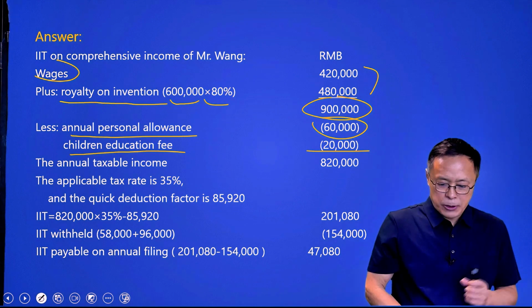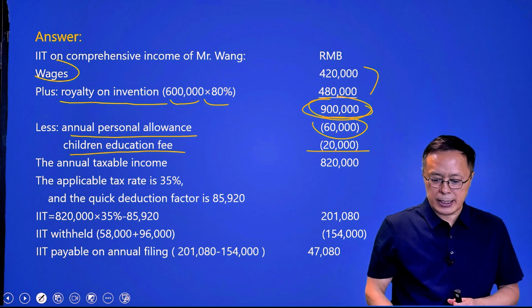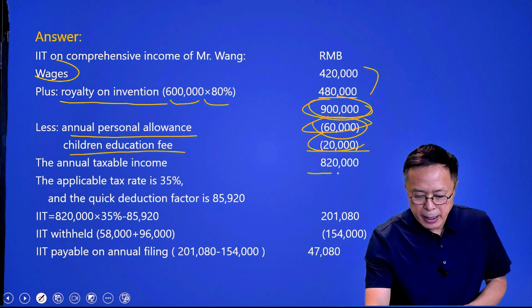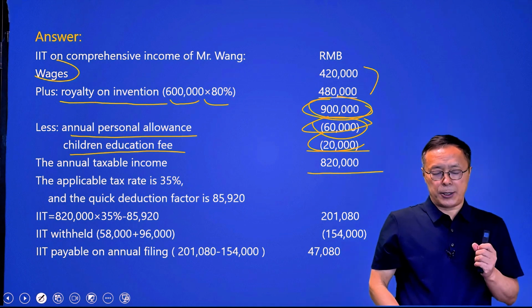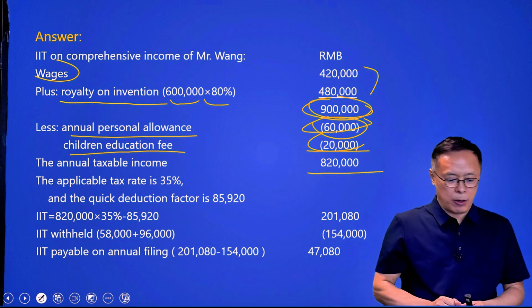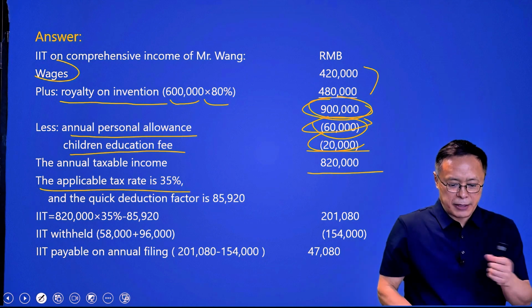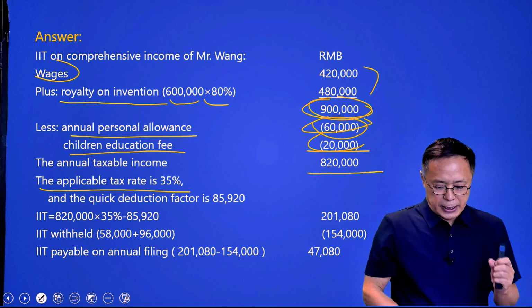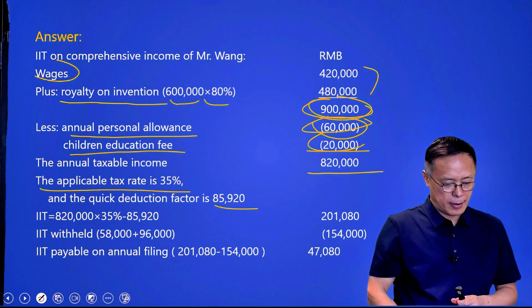So the annual taxable income equals 900,000 minus 60,000 minus 20,000, the value is 820,000. By referencing the tax rate table, we know that the applicable tax rate is 35% and the quick deduction factor is 85,920.